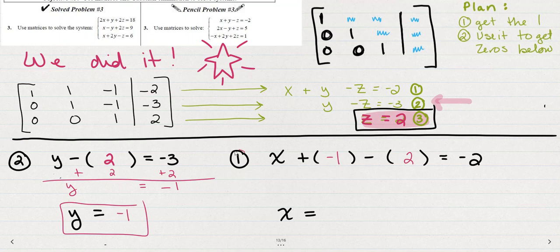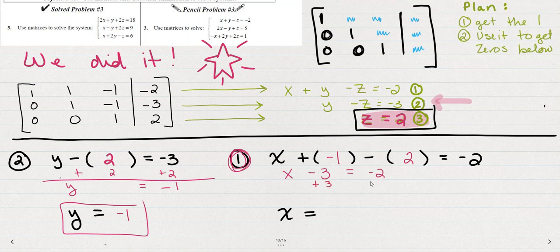So when I go to equation 1, x plus y minus z would be x plus -1 minus 2, and that has to equal -2, so I can solve for x. So we have x minus 1 minus 2 would be -3 equals -2.